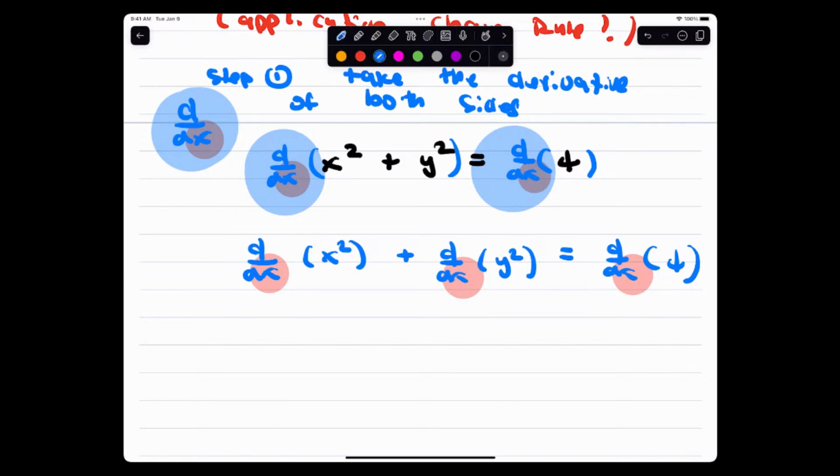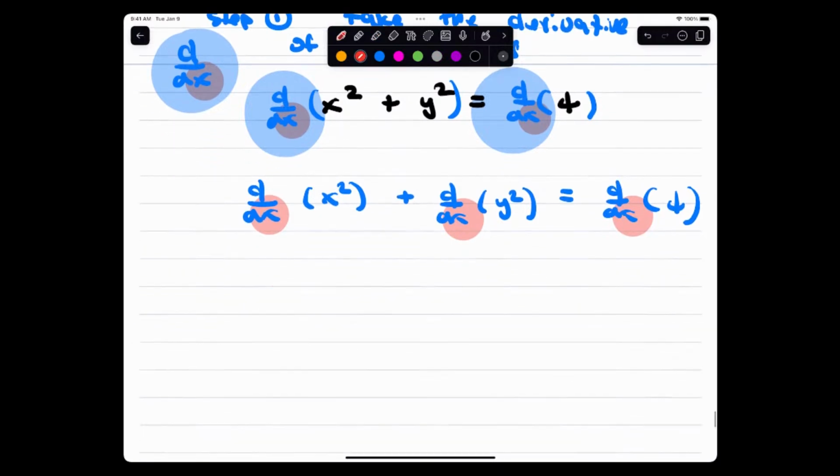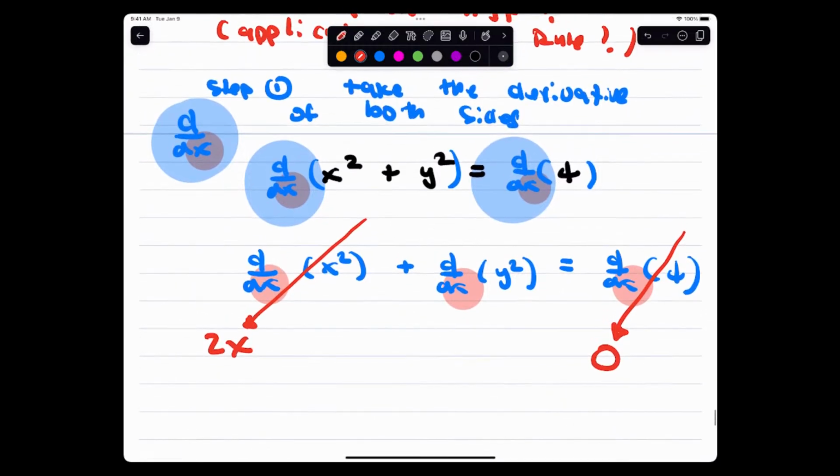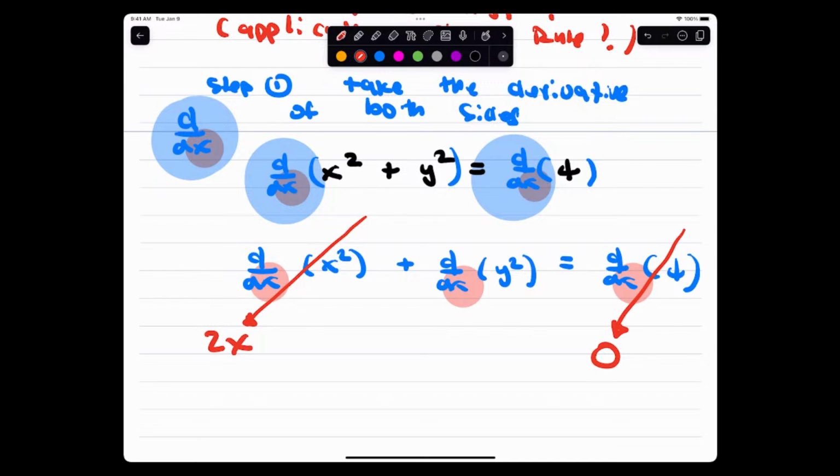What's the derivative of x squared? 2x, ladies and gentlemen. What's the derivative of any constant? 0.